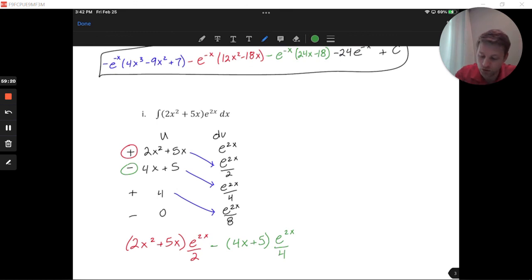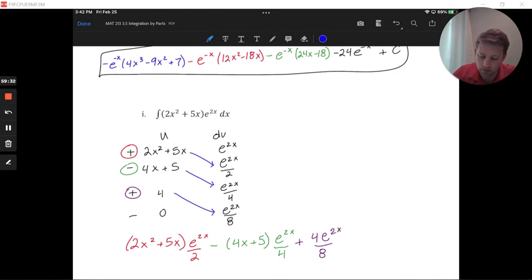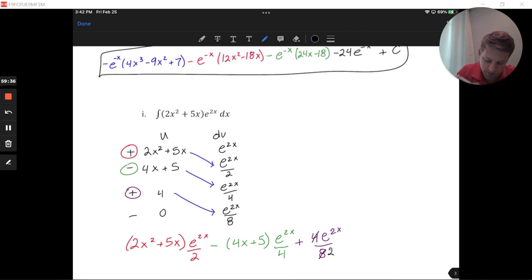And then the final product works out as positive, and then we'll have 4e raised to the 2x over 8, which certainly here we can just reduce down to a half if you prefer. And then we can add our final plus constant c.